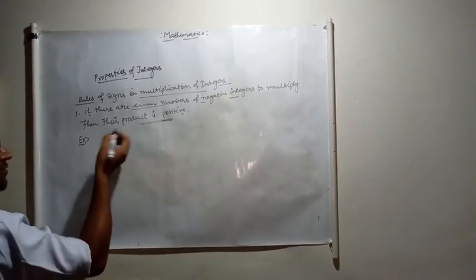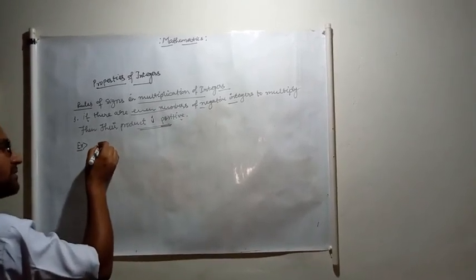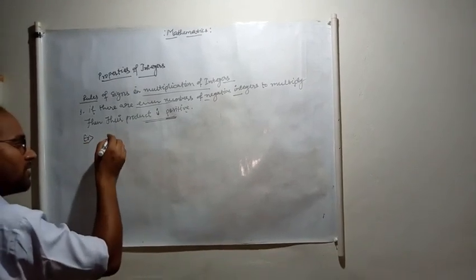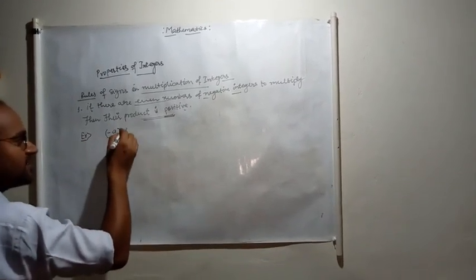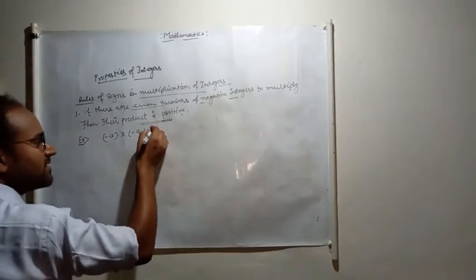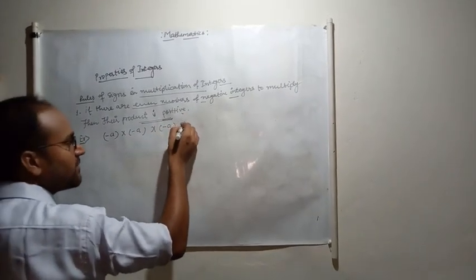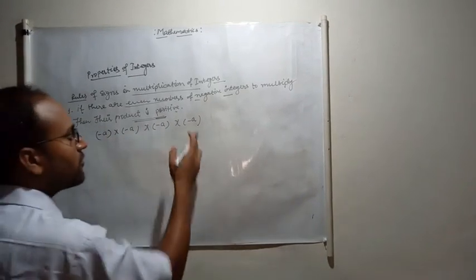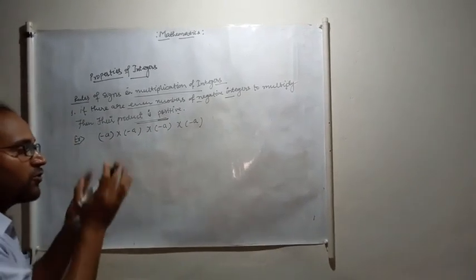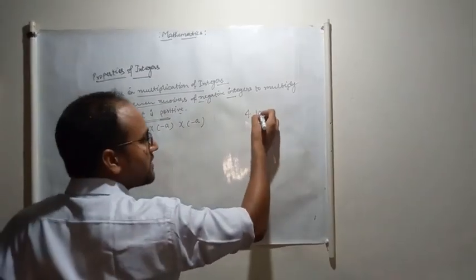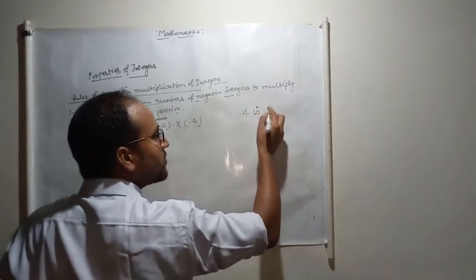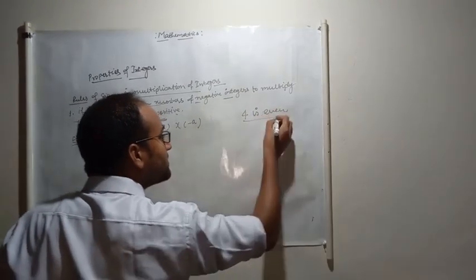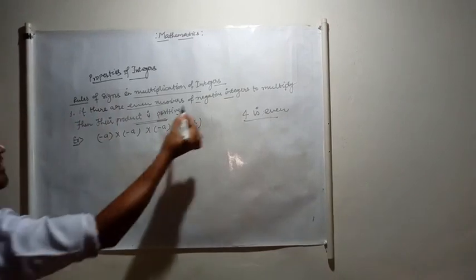Suppose here I have taken minus a multiplied by minus a multiplied by minus a multiplied by minus a. How many times have I taken it? 1, 2, 3, 4. Is 4 even or odd? 4 is even.